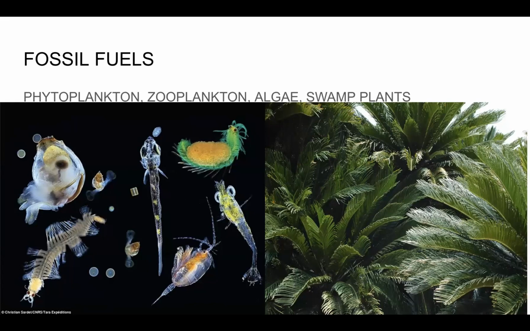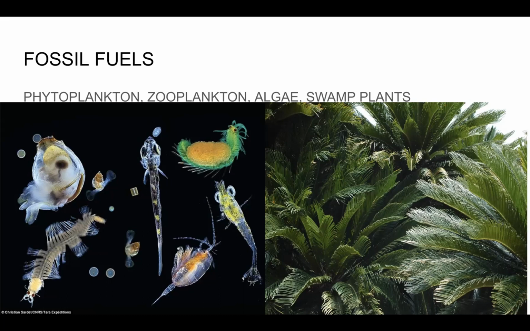The little organisms died, fell to the bottom of the ocean, were covered with sediment, were covered with lots of overburden, were compressed, and over millions and millions of years formed fossil fuels.